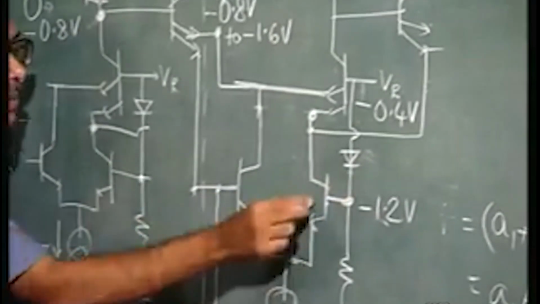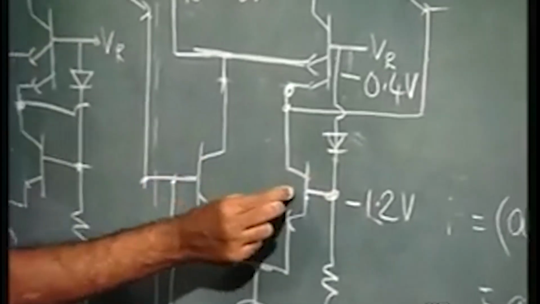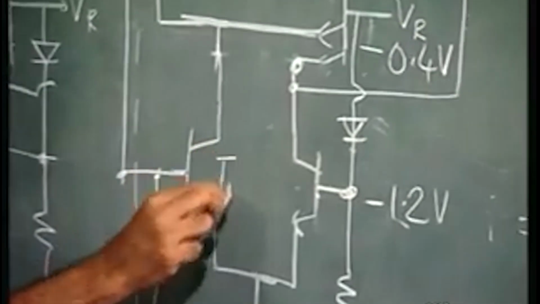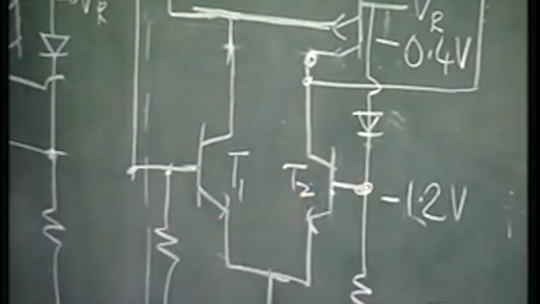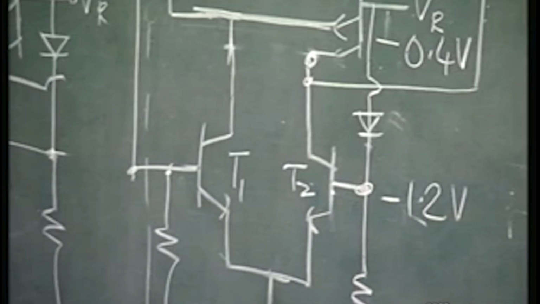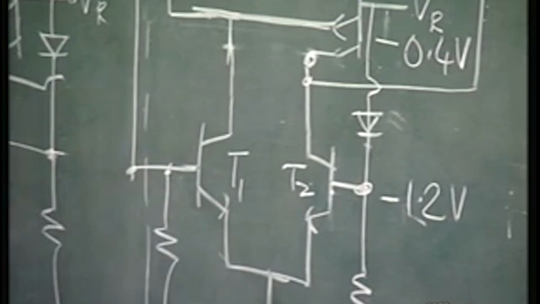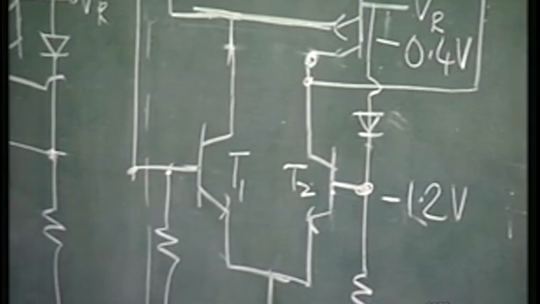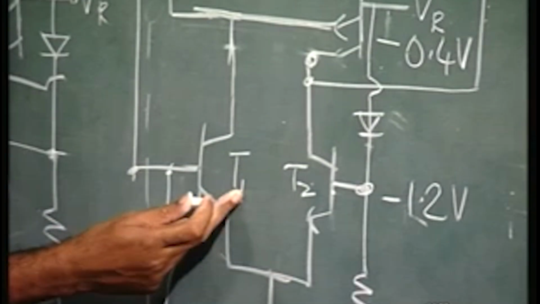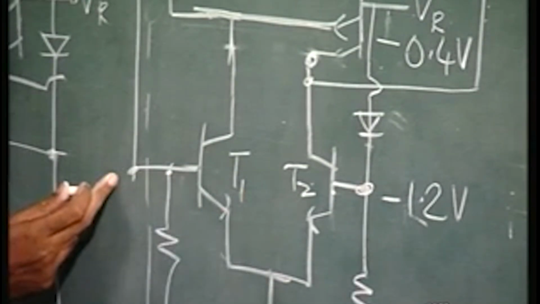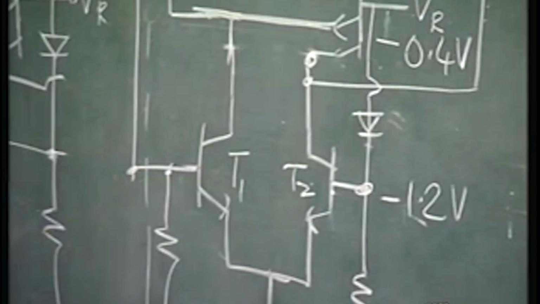So, this again is an emitter coupled structure, T1 and T2. The base of T2 is minus 1.2 volts, and the base of T1 varies from minus 0.8 to minus 1.6. If this is minus 0.8, T1 will be on. If it is minus 1.6, T2 will be on.